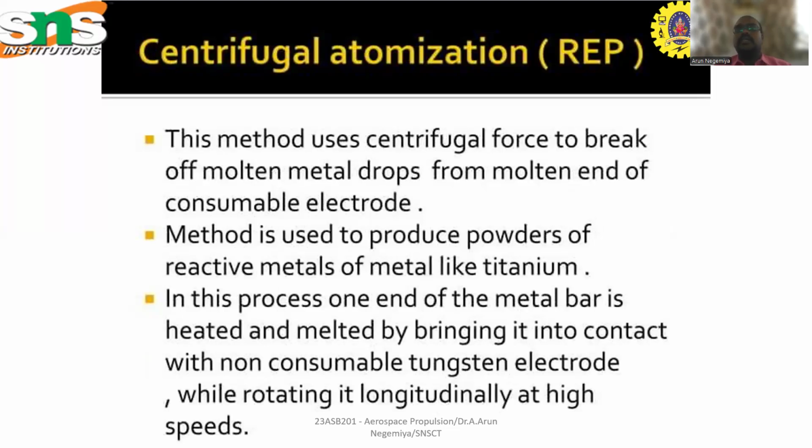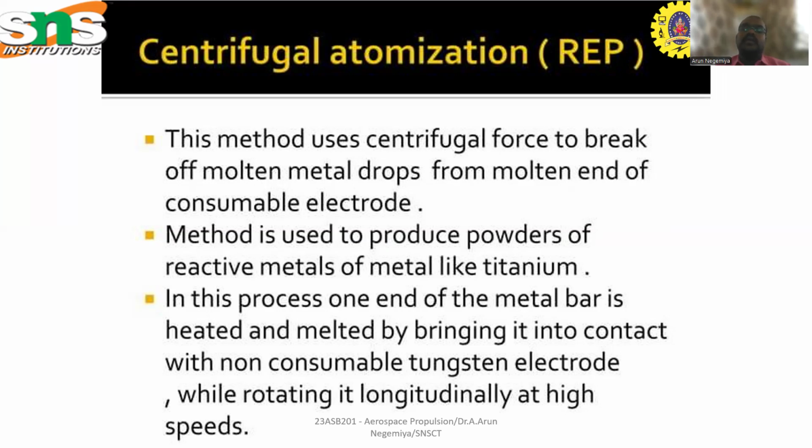Next one is the centrifugal atomization process. Centrifugal forces will be acting on the mid portion. Here the opposite forces will be applied on the centrifugal forces. Two boxes can be fitted over the molten metal, one on the top side and another on the bottom side. The opposite forces will be applied.